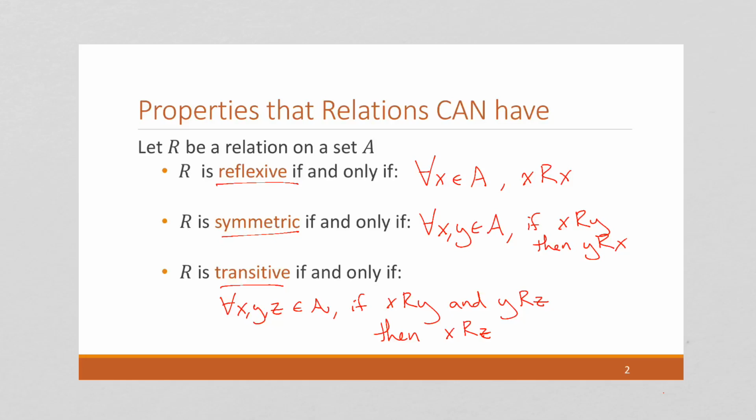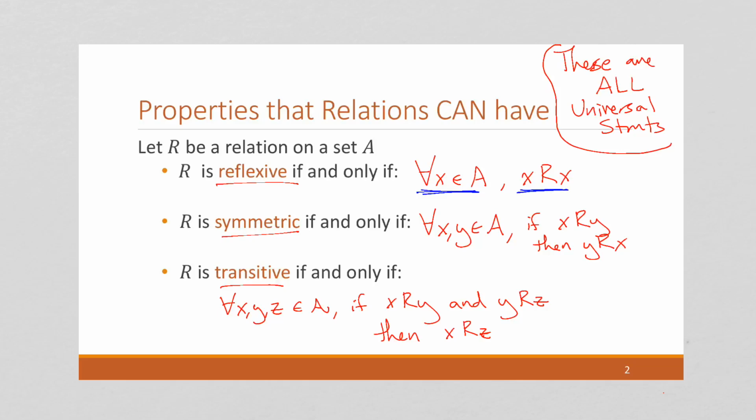So notice these are all universal statements. This isn't something that might happen here or there. A relation is only reflexive if for every element in the set, that element is related to itself.